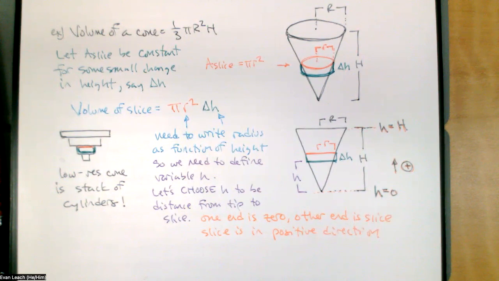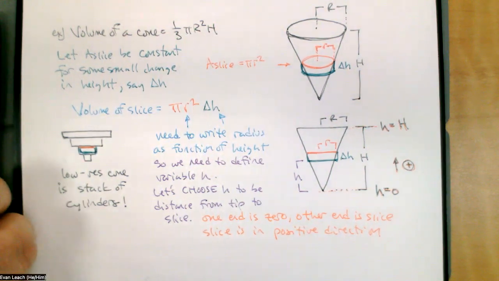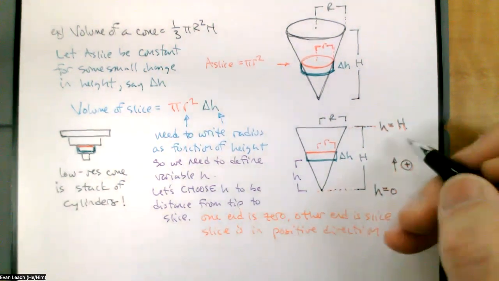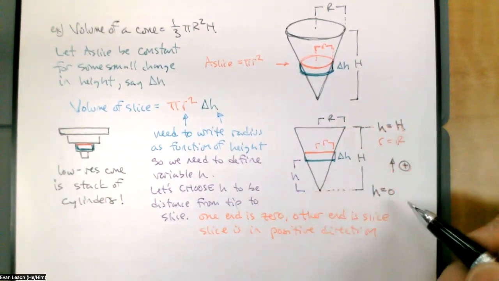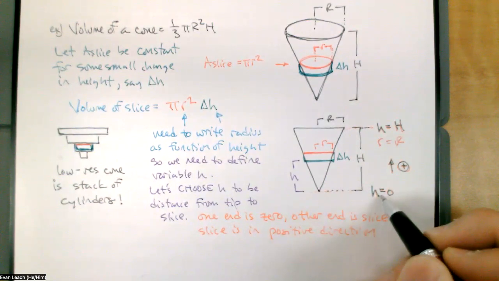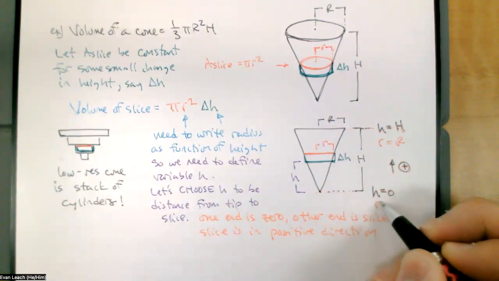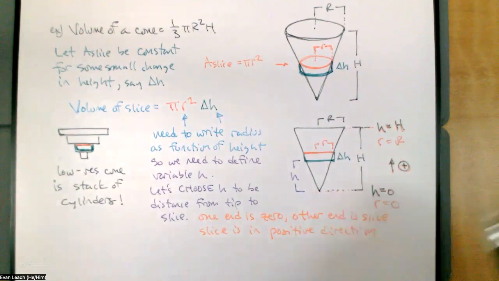So we have to define where our h is so we can write our radius as a function of h. Now, we know that since we got these nice straight sides, because we're making a cone, we're going to make a linear relationship. When h is equal to capital H, that's when our little r is equal to capital R. Down here at the bottom where h is equal to 0, that's where little r is equal to 0.